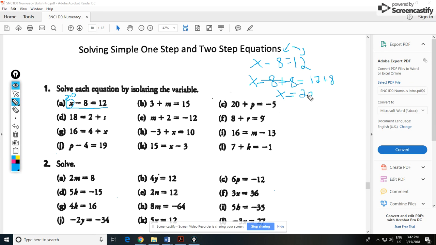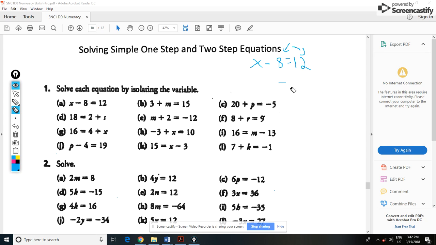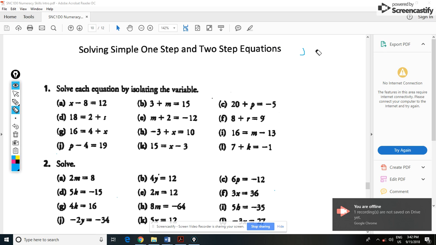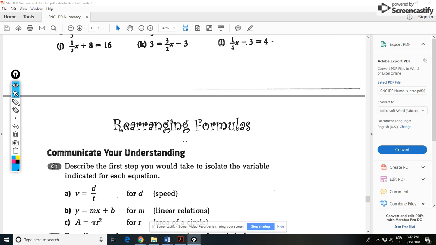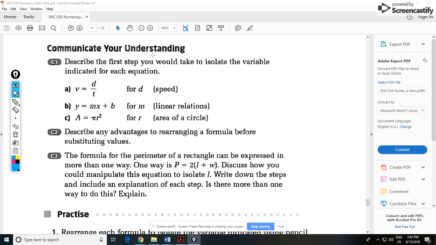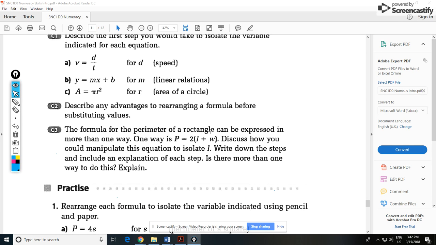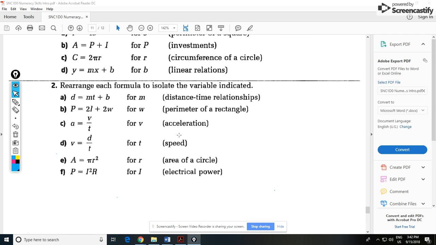And so you'll learn a variety of different strategies to isolate for variables in the video for solving, and you can use those strategies in order to solve for the rest of the variables. And you'll have a page of solving here. You'll also have some more questions where you have to solve and just kind of briefly analyze how to solve for the equations.